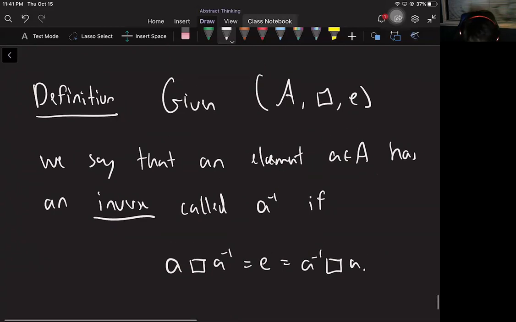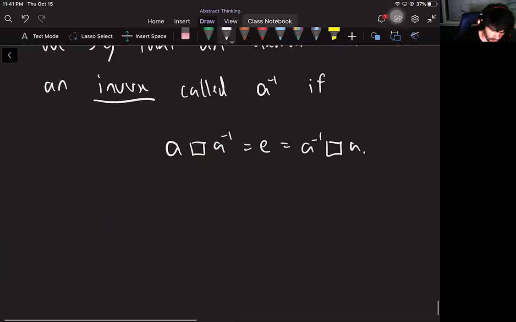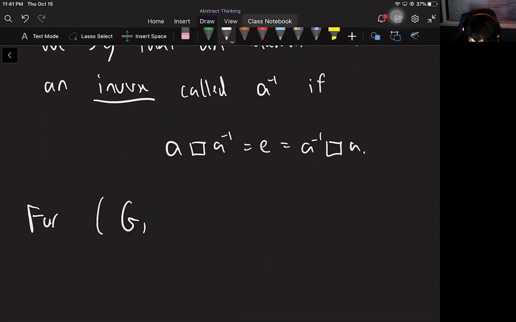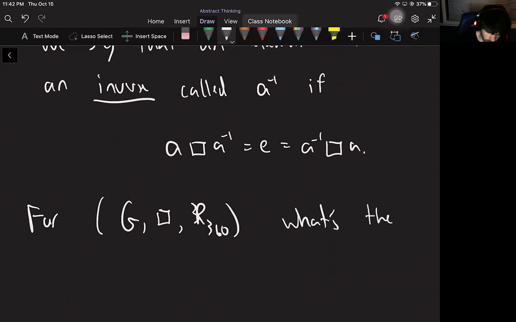So let's think about our fancy friend G here. For the set G consisting of all the ways to move the triangle and relabel it, together with that operation that does one and then does the other, together with rotating by 360, which is the identity, what's the inverse of, say, R120?